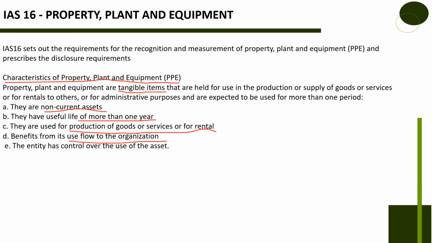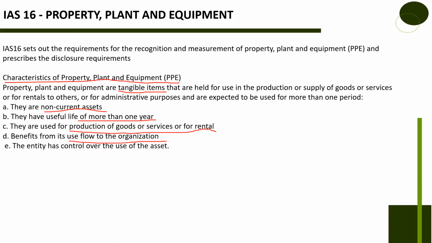If you use property, plant, and equipment, even if it is just for administrative purposes where your head office is, the benefits of the work that they are doing in that head office flows to the organization. They might not be a factory space, but whatever benefits that is being derived from having your head office in that building, either by publicity or by the work that they do in that building, it flows to the organization.